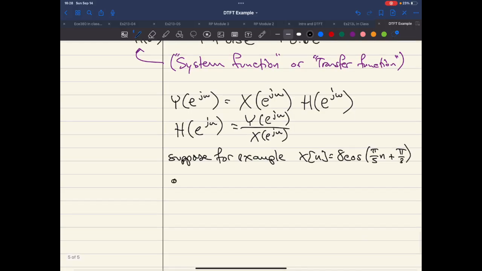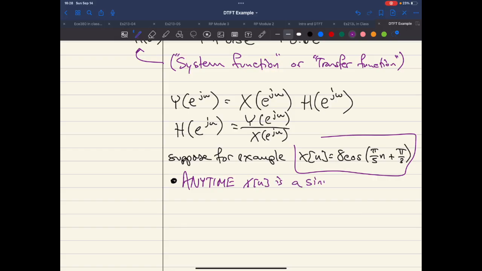So the first thing we should ask ourselves, anytime you see a cosine or a sinusoid as the input to a system, so let's make a little note. Anytime x[n] is a sinusoid or just a plain old sine or cosine, ask what is the frequency?